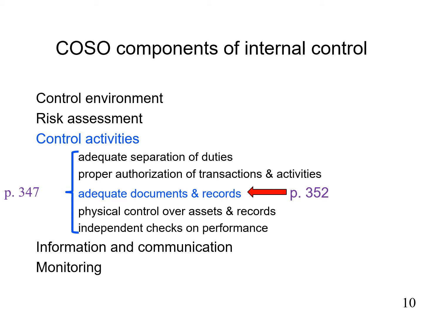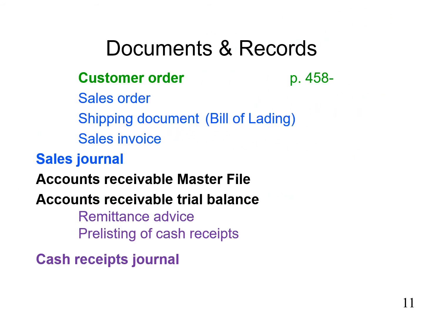When we learned the five components of internal control, COSO's five components of internal control, in control activities, one of the elements of control activities was adequate documents and records. They're going to keep coming back. They relate to what we're covering now. Page 458 has a list of the documents and records that we use in the sales and collection cycle: the customer order, sales order, shipping documents.